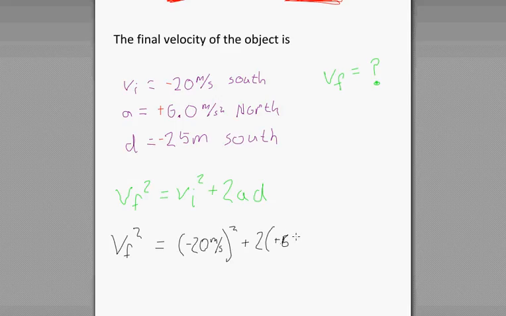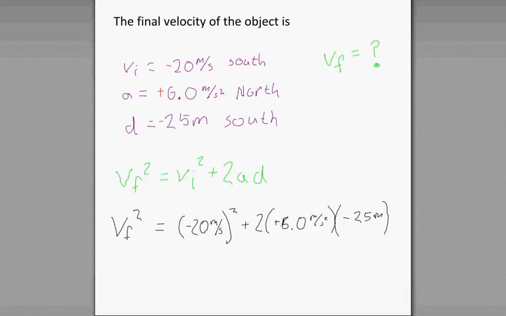That 6 will look a little better. 6 meters per second squared multiplied by our distance, and so that's -25 meters. Okay, I'm going to close that out. All right. So once again, remember, guys, everything that's going south is negative, and everything going north is positive. And that'll help us out with our formulas.